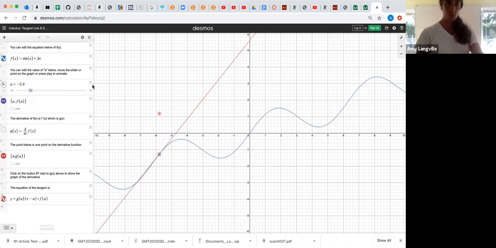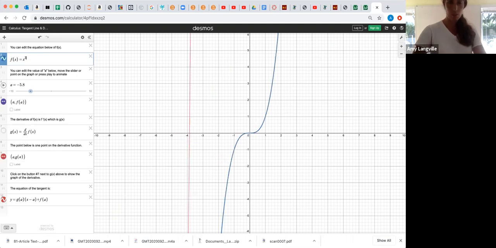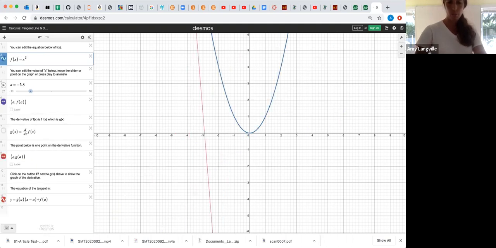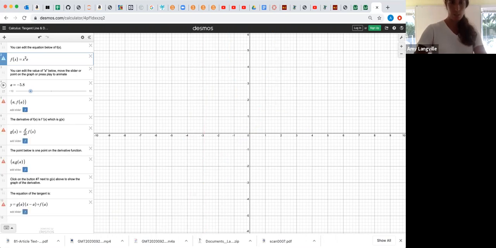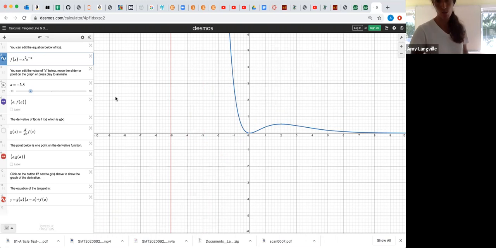This is sine x plus 0.3x. We don't do a whole lot this semester with trig stuff. So let's go ahead and just put some sort of parabola or some other function in. Let's say x cubed. Let's try x squared, an exponential e raised to the minus x. Let's see. Okay, so that's an interesting enough one.